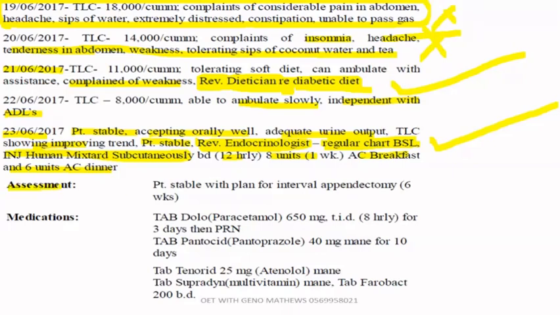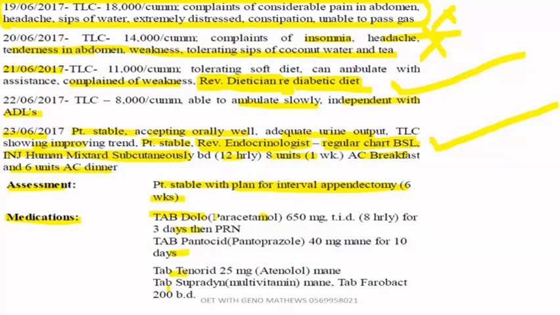An assessment was done. Patient stable with pain for interval, with plan for interval appendectomy in 6 weeks. So the patient is altogether stable, and she has been planned to undergo the procedure in 6 weeks. Medications she is taking, and all those medications have been listed.